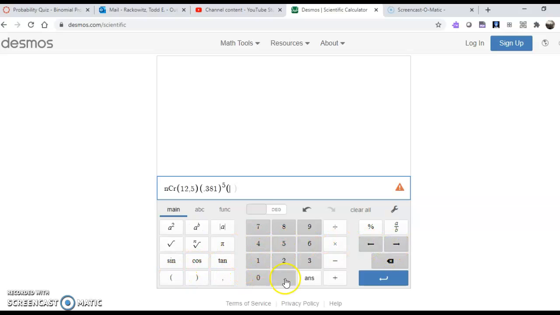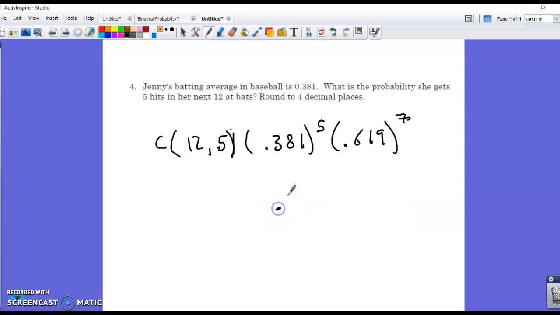The probability she does not get a hit, 0.619, maybe she gets walked, to the 7th power. That's it. 0.2214. So that's it. Just 4 questions.